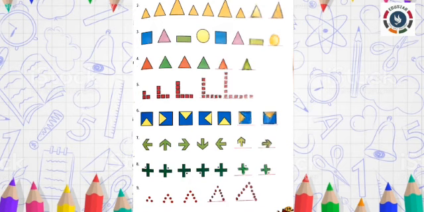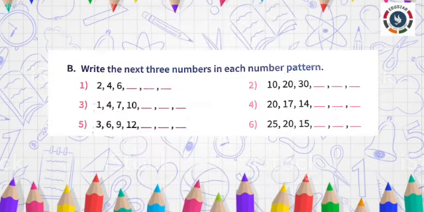Do it neatly with appropriate colors. If you have any doubt while coloring, then you will check this. Also complete page number 60, exercise 4.6b. Write the next 3 numbers in each number pattern. We will check the answers in the next session.